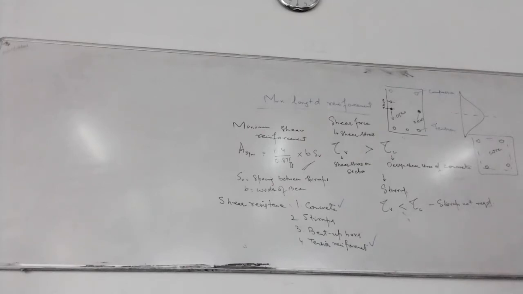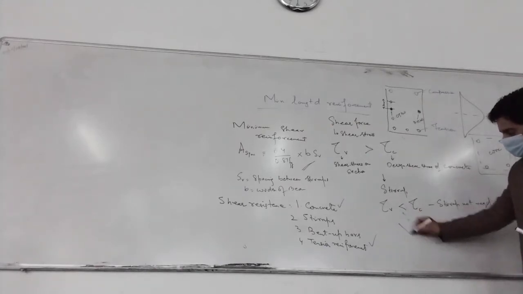When tau v exceeds tau c, given in table 19, जो अभी tau c table 19 में दिया हुआ है, shear reinforcement shall be provided in any of the following forms: vertical stirrup, bent up bars along with stirrup, and inclined stirrup. So you may also provide inclined stirrups like this.